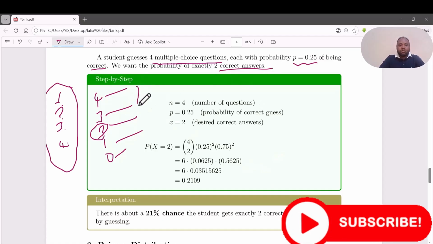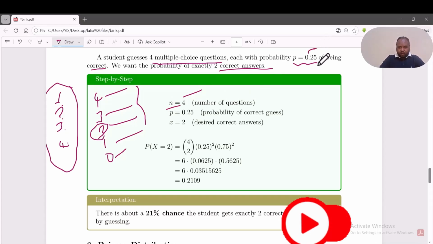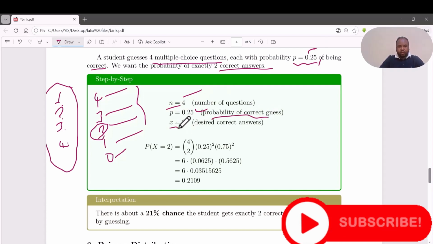This can also be solved using the binomial distribution, where the number of questions, or number of trials, is 4 here. p is given: the probability of getting a correct answer in each question is 0.5. X, the number of correct guesses, is 2.